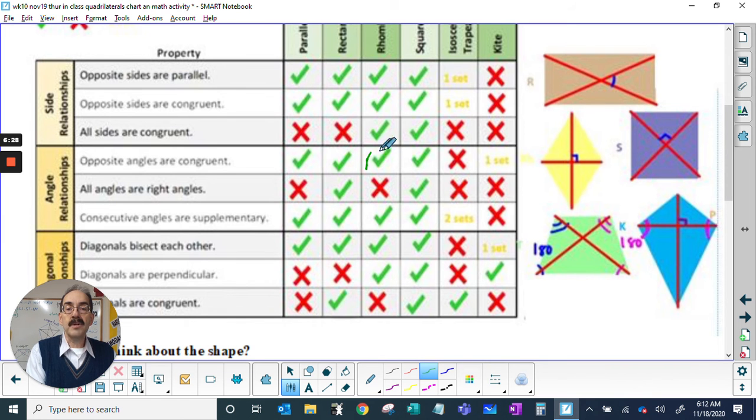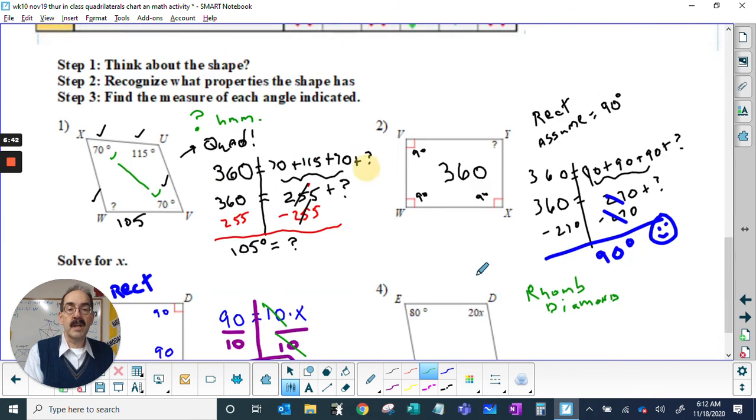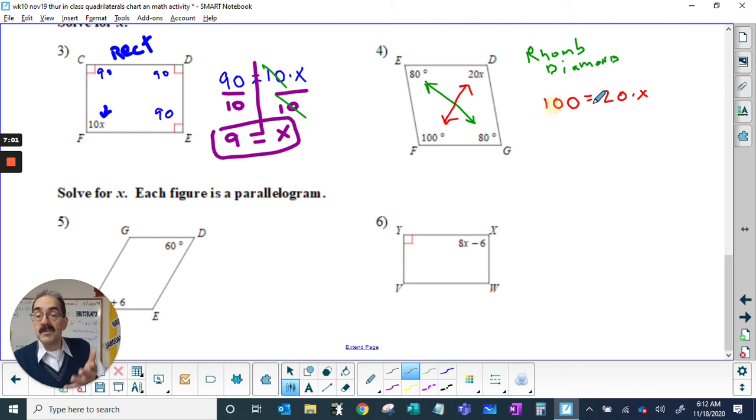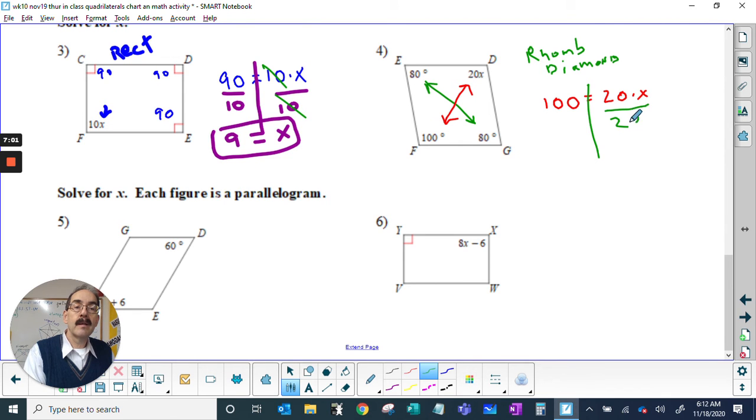Okay, well, if opposite angles are congruent, 80 equals 80, and 100 must equal 20x. So 100 equals 20 times x. Well, what does x have to be? 20 times what number gives you 100? What's the opposite of multiply? Good. Divide. So 5 equals x.